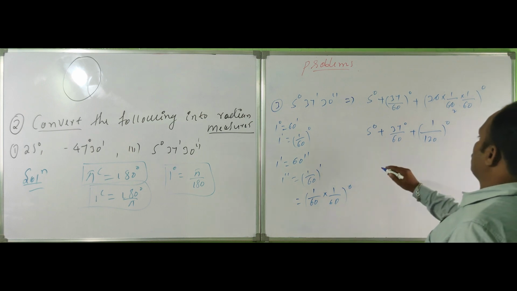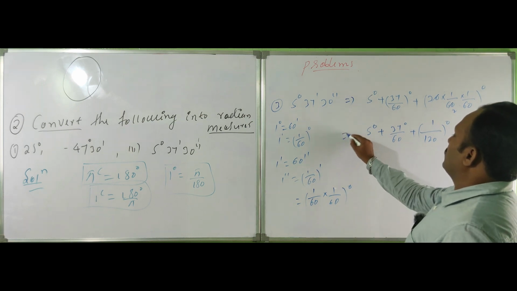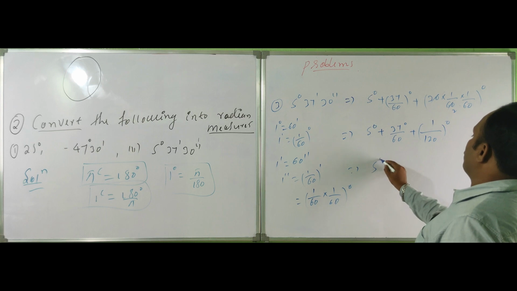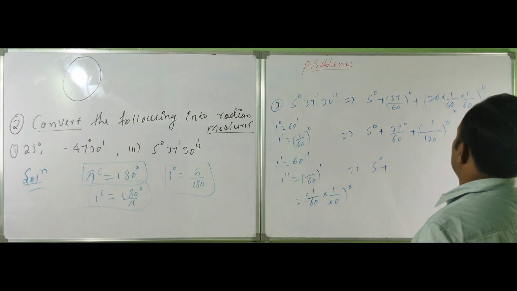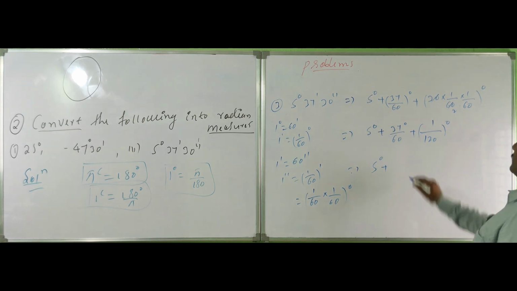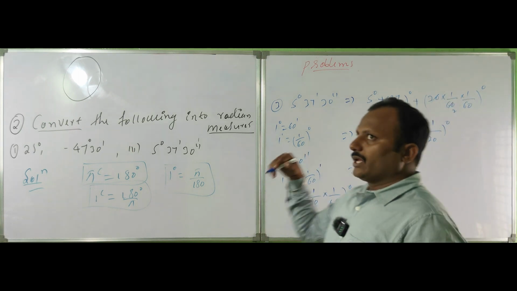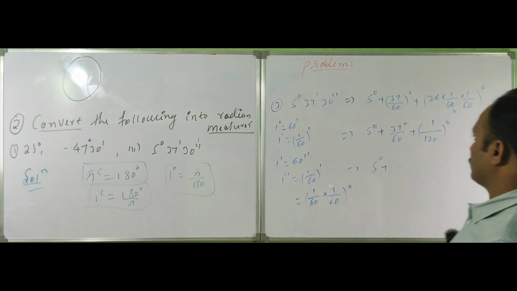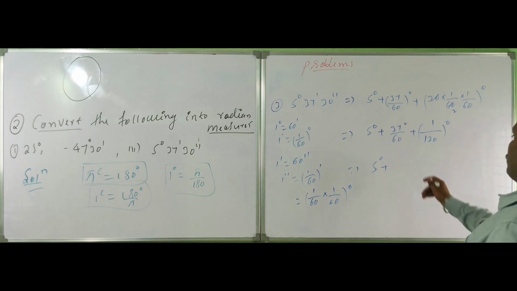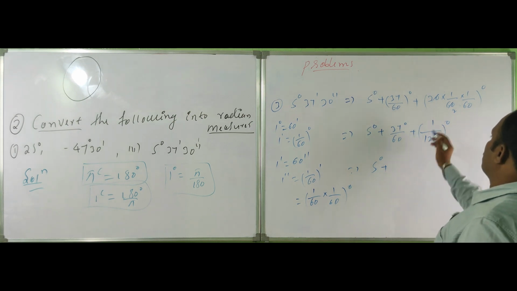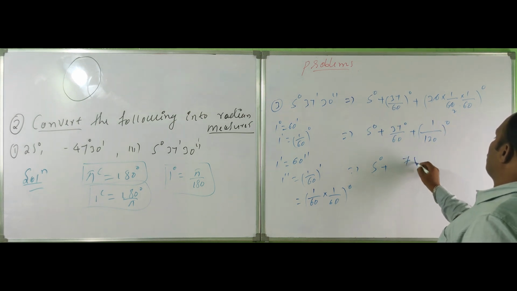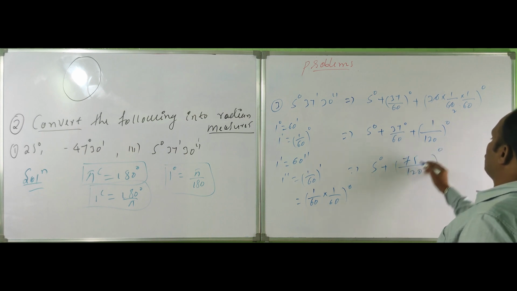Just take the LCM. 5 degree plus, this becomes 120 in the denominator, so 37 into 2 is 74, 74 plus 1 is 75, divided by 120 degree.